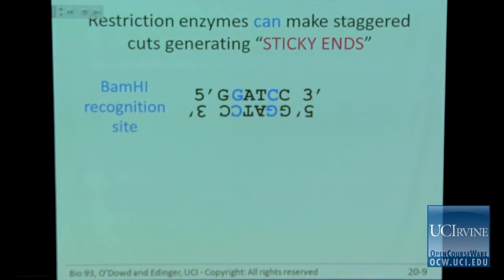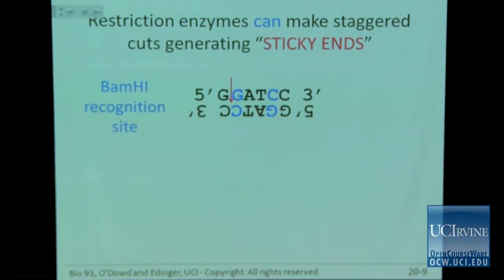Each restriction enzyme is going to have a slightly different recognition site. There's another famous enzyme called BamH1. And its recognition site is a little bit different than EcoR1. Instead of seeing GAATTC, Bam sees GGATCC. So it's still a palindrome, but a slightly different sequence.